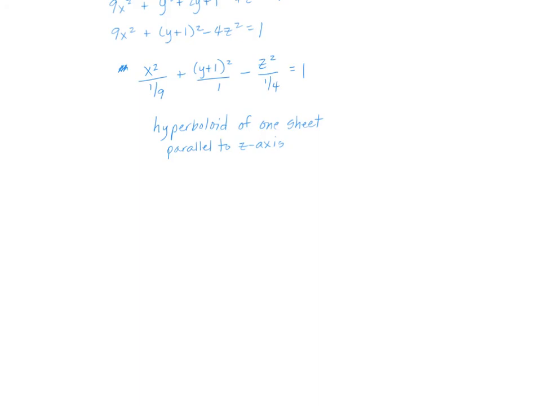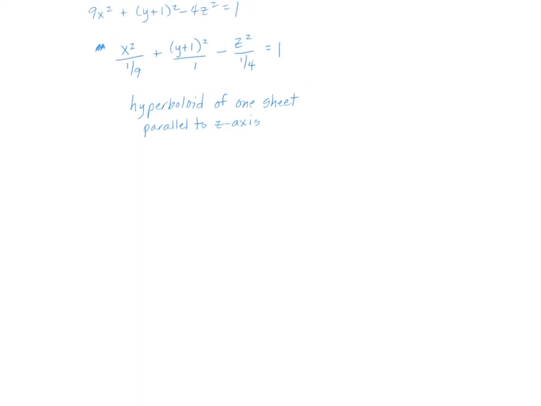I could also say what line it's rotating around, because it has this weird center, 0, -1, 0, right? All I'm doing is figuring out what x, y, and z gives me 0.